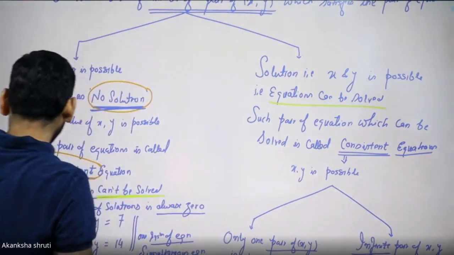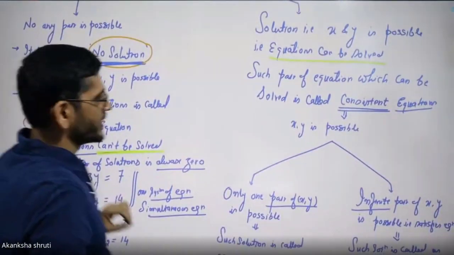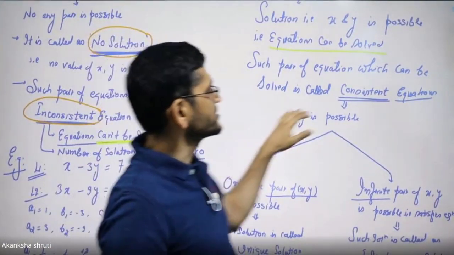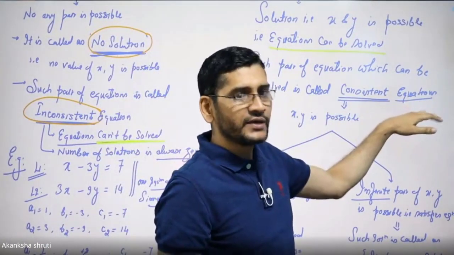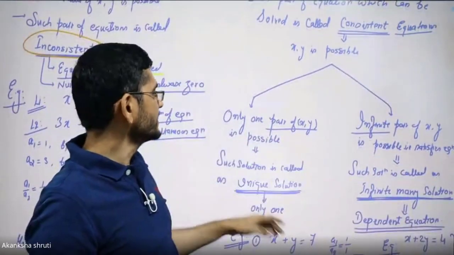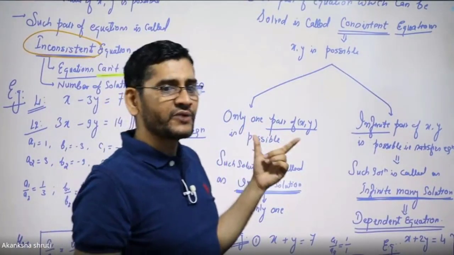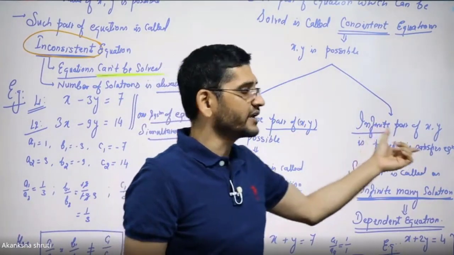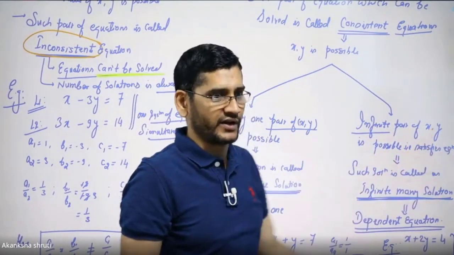No solution is possible means no pair of x and y is possible. But if the system is consistent, means the solution is possible. So two situations arise, either there will be only one pair of x and y, or there will be infinite pairs of x and y.